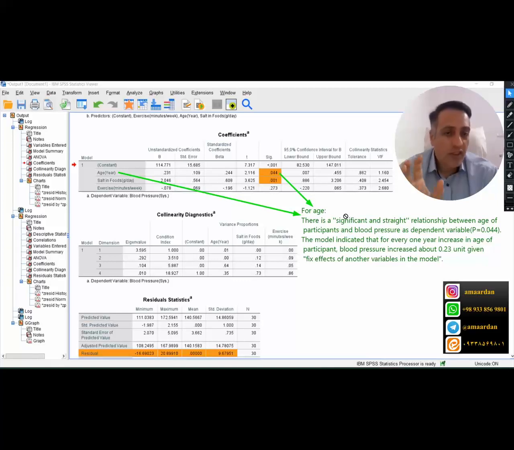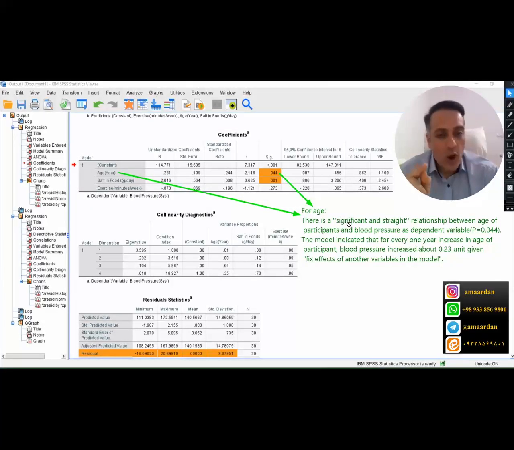For age, we write that there is a significant relationship. Why significant? Because Sig is less than 5%, equal to 0.044. And direct. Why direct? Because the coefficient is positive, 0.23.